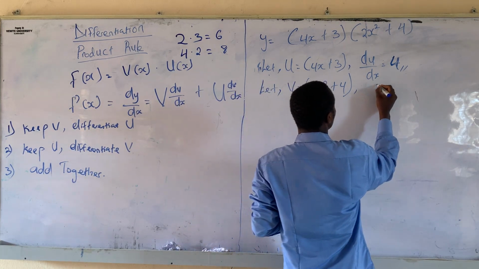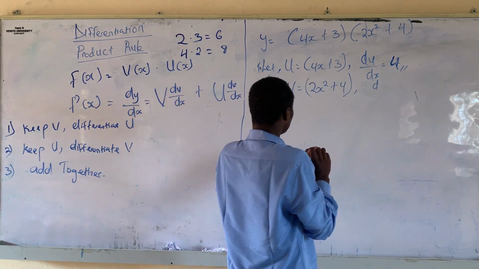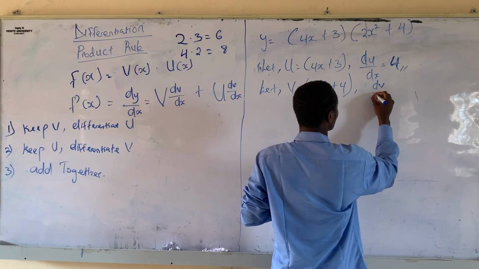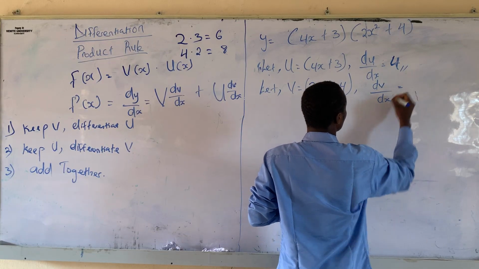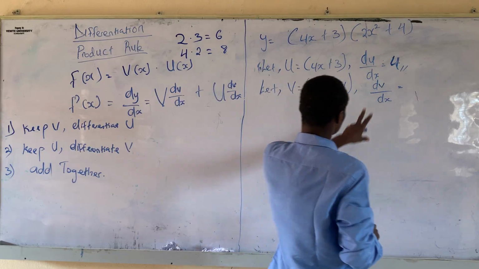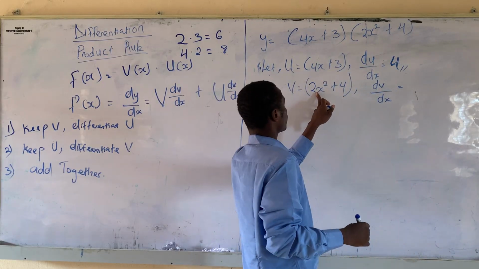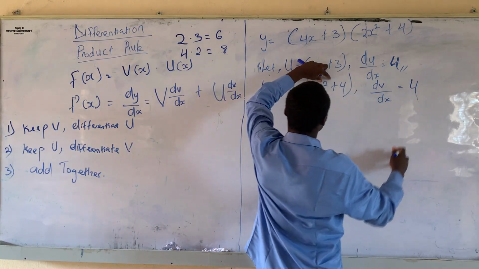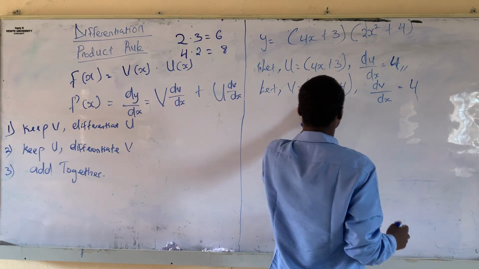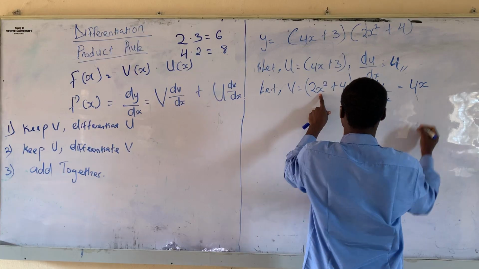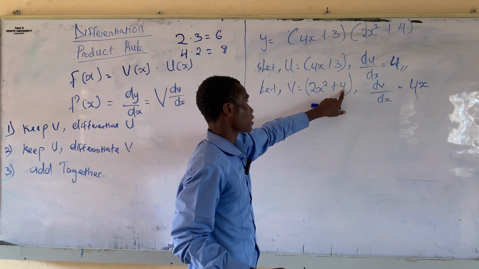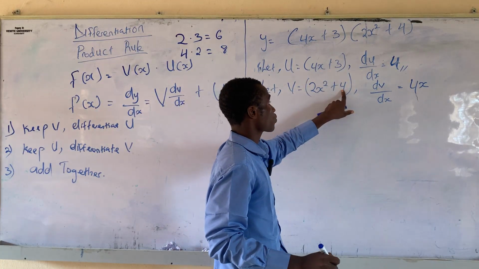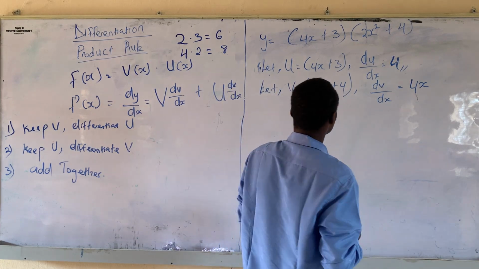Then if we differentiate v with respect to x, it becomes dv over dx, which is equal to 2 times 2, which is 4. 2 minus 1 is 1. So this becomes 4x. This is a constant, and when you differentiate a constant, it results to 0. So this is off.